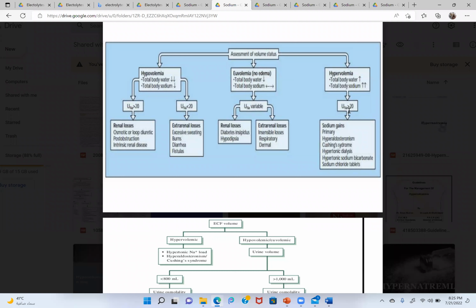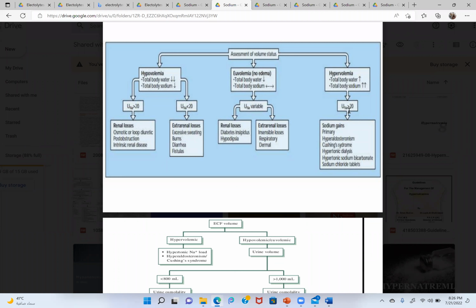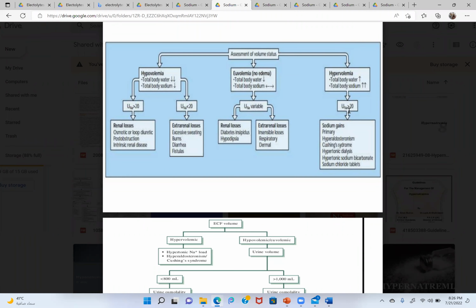So the first thing, when we are probing it, is to see the volume status. If it is hypovolemia, there is more decrease in water than sodium, and in case of renal losses the urinary sodium will be more, and in extra renal losses urinary sodium will be less. Similarly, if it is euvolemic, you will see variable urinary sodium.